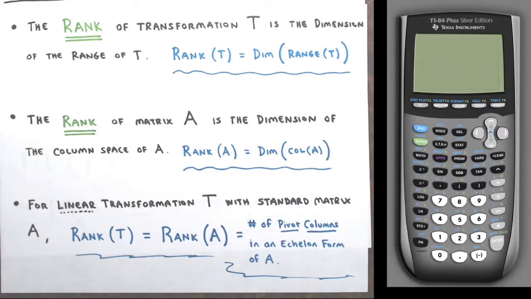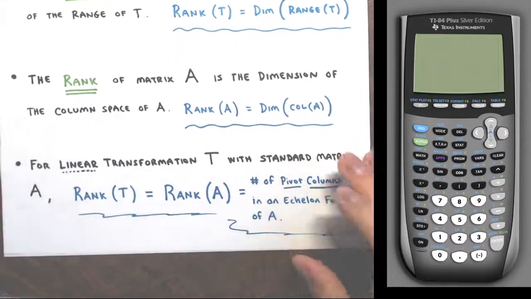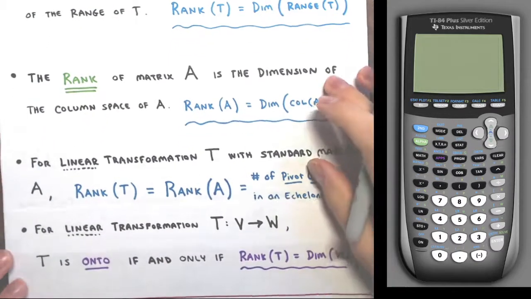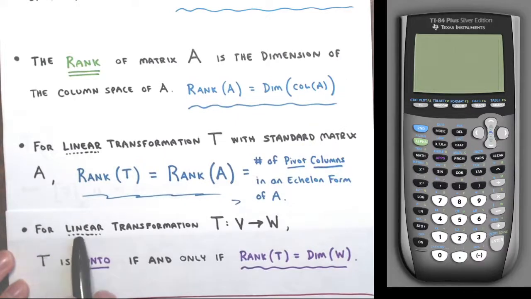And then one last little note about the rank of a transformation here. Again, for a linear transformation T between vector spaces V and W, T is onto if and only if the rank of T equals the dimension of W, the dimension of the codomain. Remember, the word onto means that every element of W is mapped to.